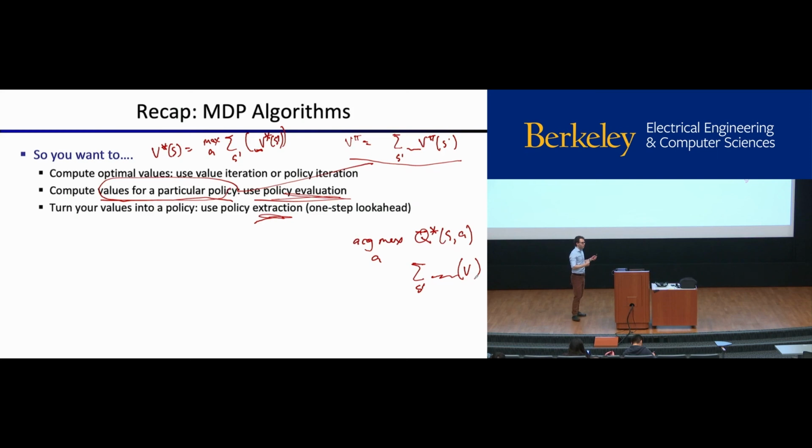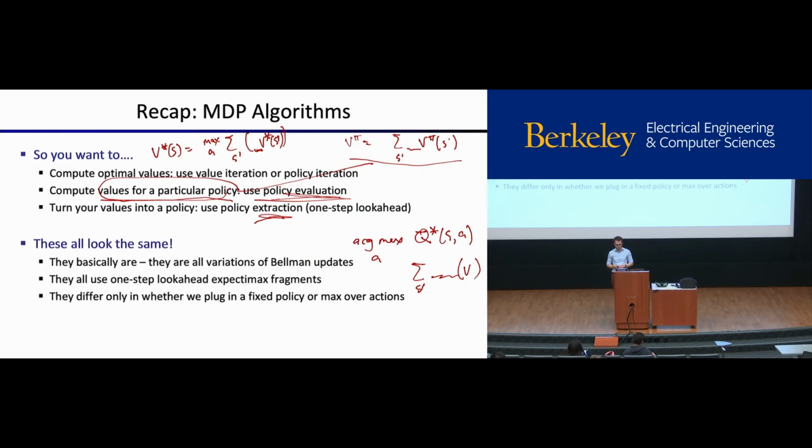So the thing to remember here is why we would make one of these trade-offs. If we want an argmax, it's because we want actions. If we do a max, it's because we want values. If we have v star, it's because we want optimal values. If we have v pi, it's because we want policy values. So the differences between these are very subtle, but they all have intuitive interpretations.